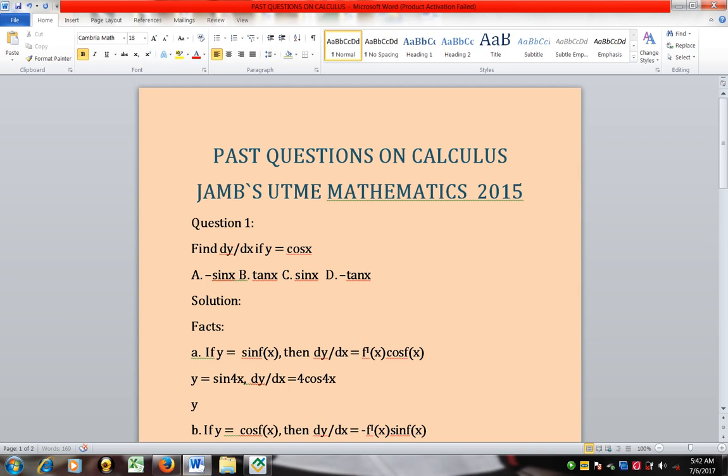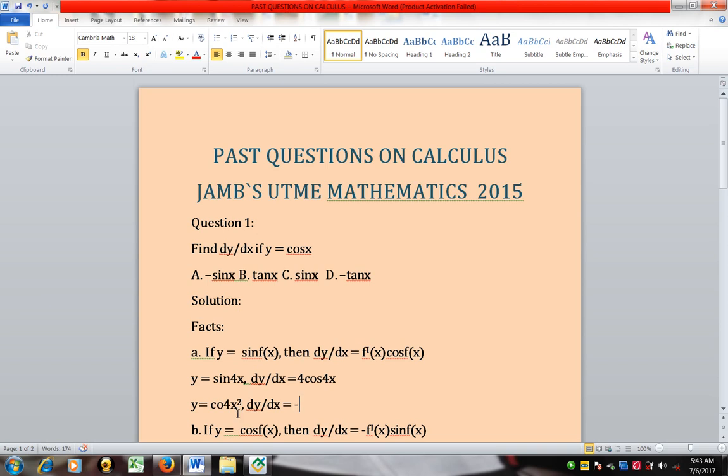And then if we have y equals cos of 4x squared, our dy/dx will be equal to, remember when you are differentiating cos, you need to have minus.